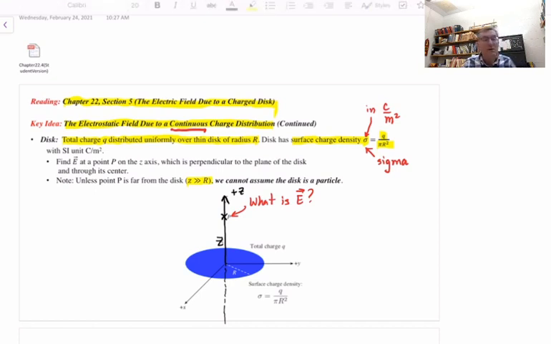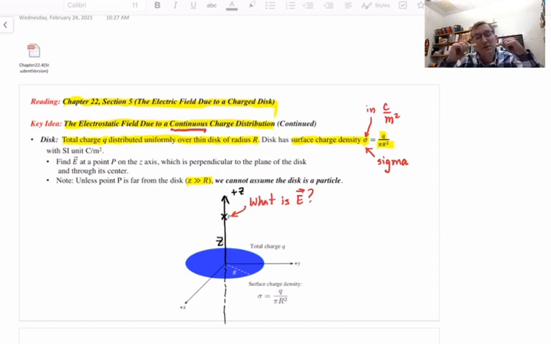Instead, we're going to have to do the three-step process for a continuous charge distribution, which I talked about in the previous video lecture and in the previous class. The three steps for finding the electric field of a continuous charge distribution are: after you realize that you can't treat that distribution as a particle, step one, you imagine dividing up the object into an infinite number of infinitesimal pieces.